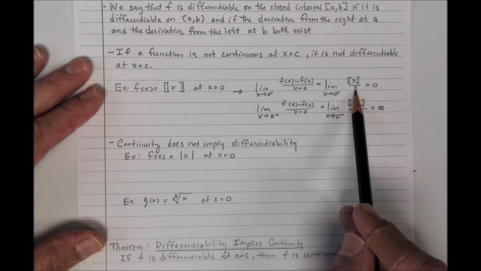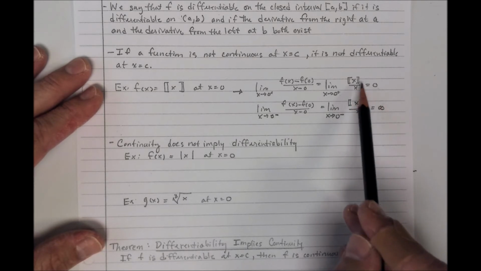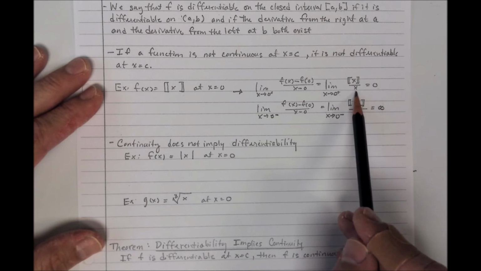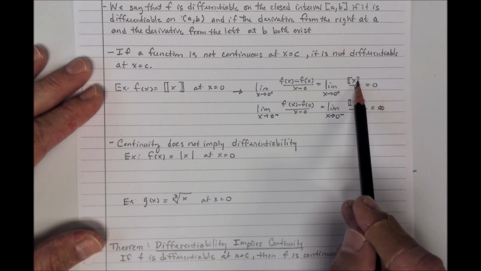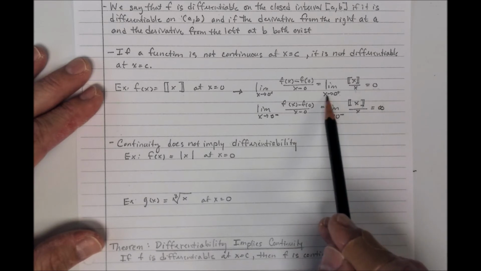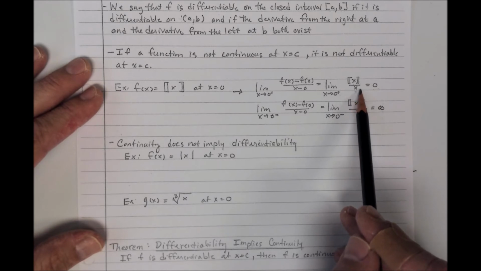The numerator is going to be 0. Remember, as x goes to 0 from the right, the greatest integer of 0.1, 0.01, 0.0001 is still 0, and the denominator is becoming really small, close to 0, and it's going to give you 0.